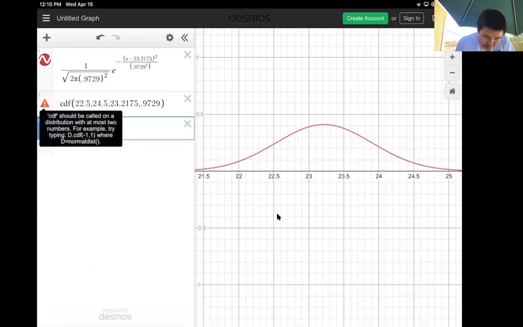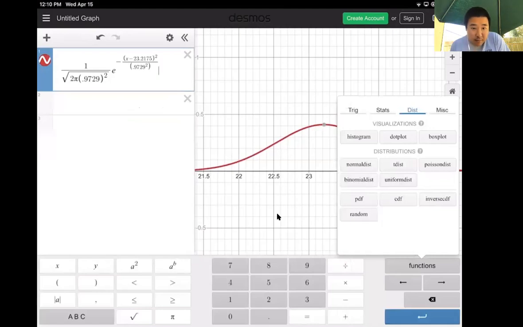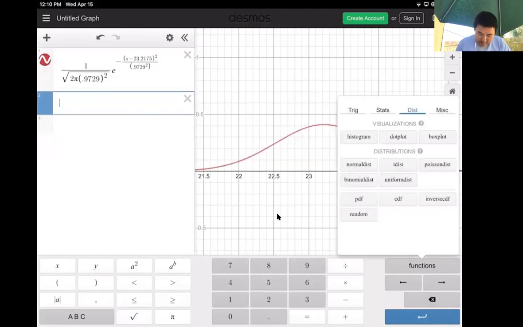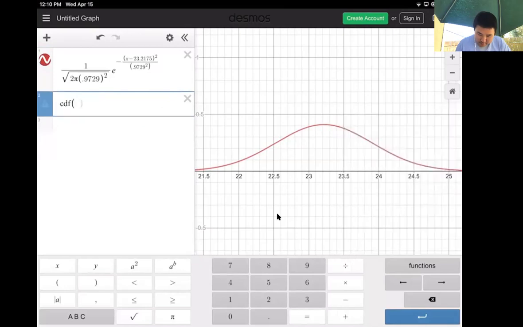CDF should be called on a distribution. Functions, CDF, 22.5, comma, 24.5. Norm.